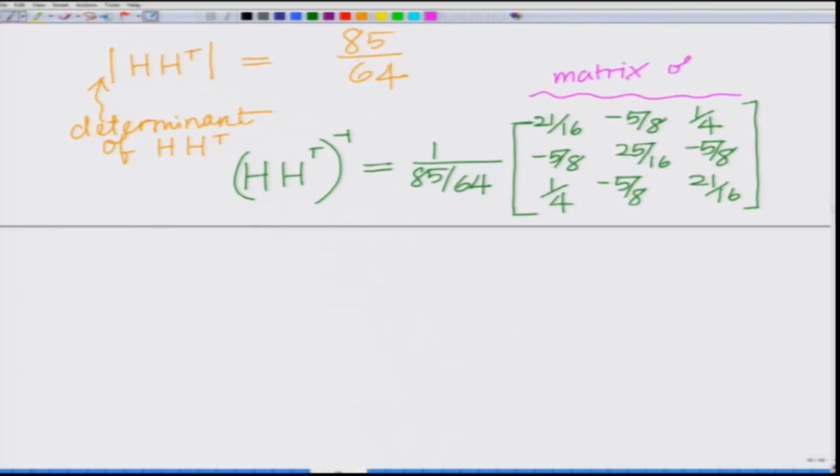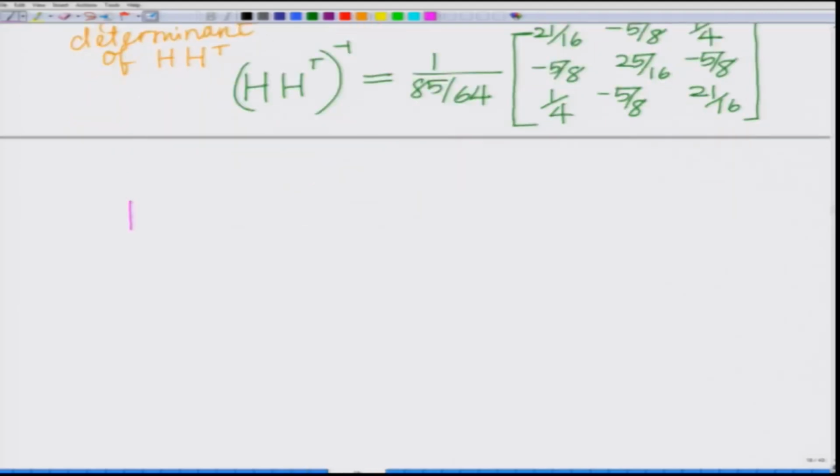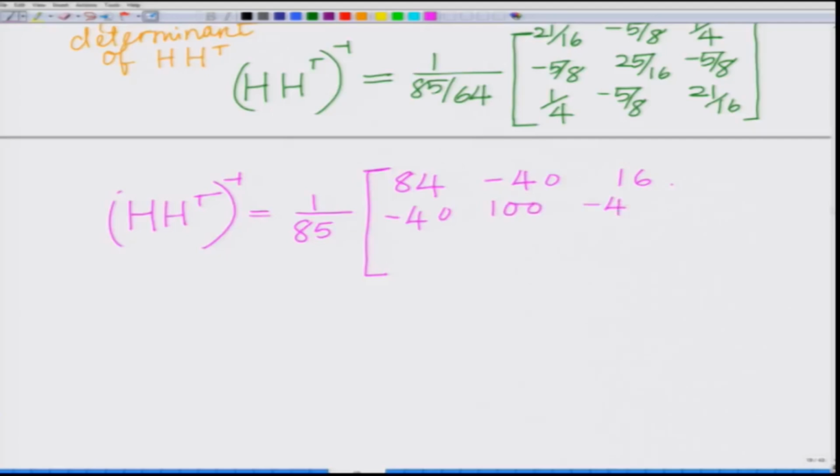Now, taking the factor of 64 inside, what we have is H H transpose inverse is 1 over 85 times 84, minus 40, 16; minus 40, 100, minus 40; 16, minus 40 and 84.